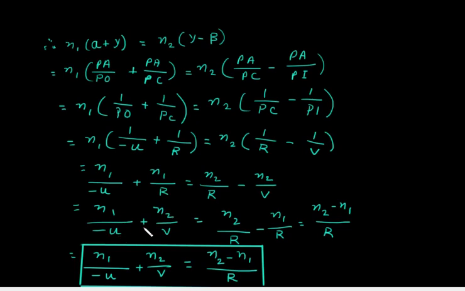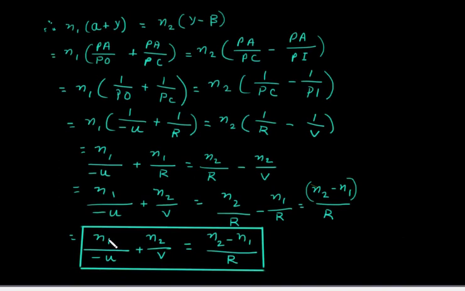N1 by negative U plus N2 by V is equal to N2 by R minus N1 by R. Now this quantity can be written as N2 minus N1 by R. So the whole equation becomes N1 by negative U plus N2 by V is equal to N2 minus N1 by R. This is the relation for refraction through a convex surface producing a real image.